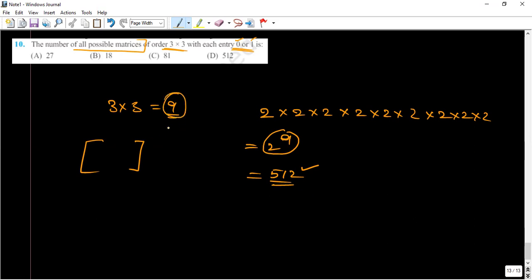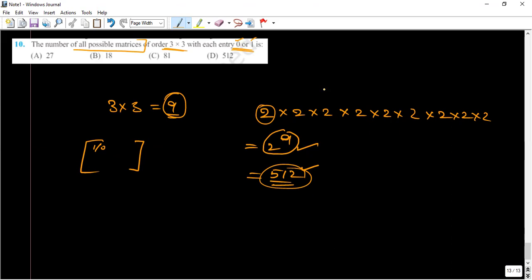For each element we have two possibilities, either 0 we can enter or 1 we can enter. That's why two possibilities for each of the 9 elements. You multiply 2 into 2 into 2 and so on up to 9 times, which is nothing but 2 power 9. 2 power 9 is 512.